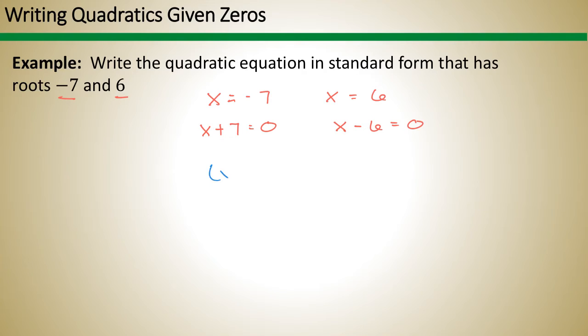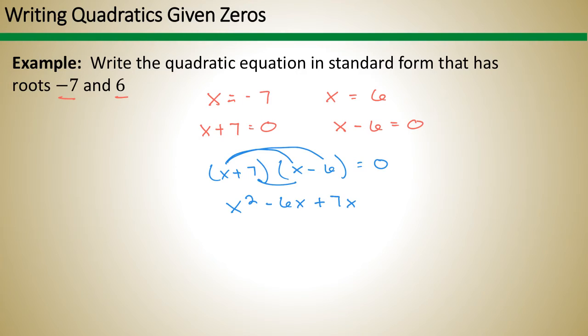So here we have x plus 7 times x minus 6 equal to 0. So x times x is going to be x squared. X times negative 6 is negative 6x plus 7x, and then minus 42, all that's equal to 0.